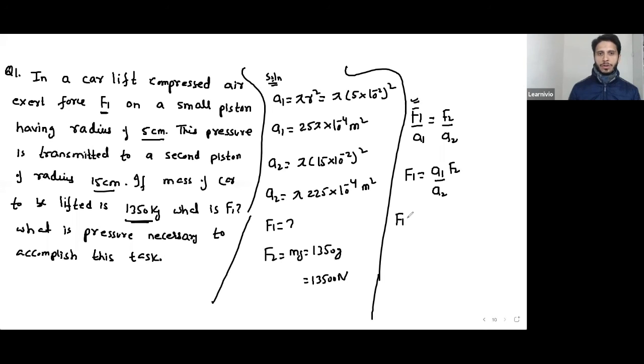That is 25 pi into 10 raised to the power minus 4 divided by 225 pi into 10 raised to the power minus 4, multiplied by F2, which is 13500. Pi gets cancelled with pi, and 10 raised to the power minus 4 gets cancelled as well. 25 by 225 is 1 by 9, and 13500 divided by 9 gives 1500. So your F1 comes out to be 1500 Newton.